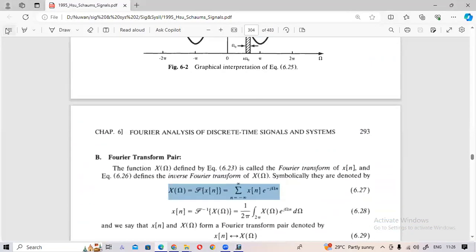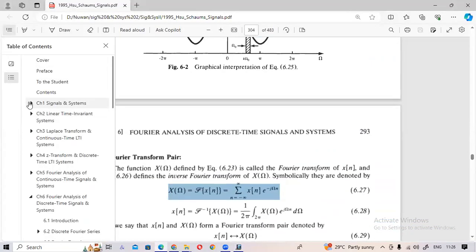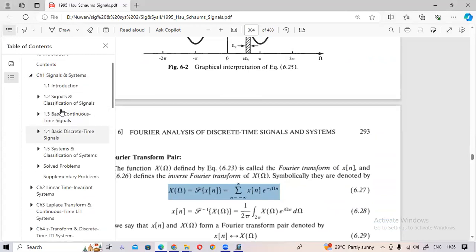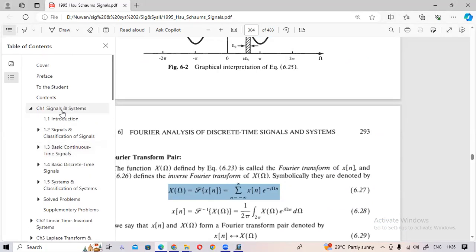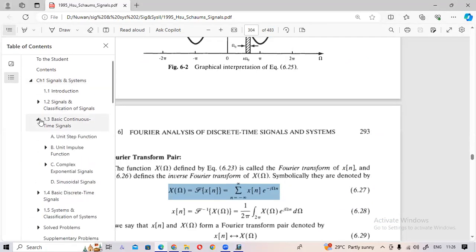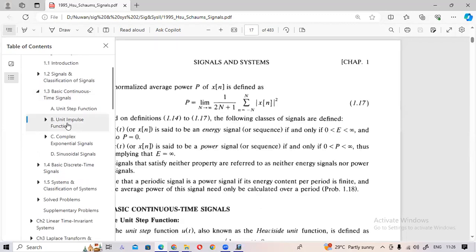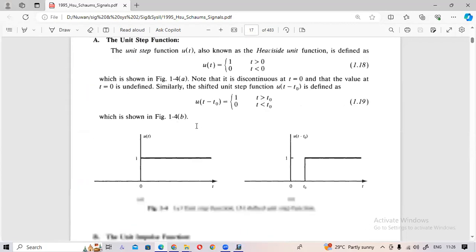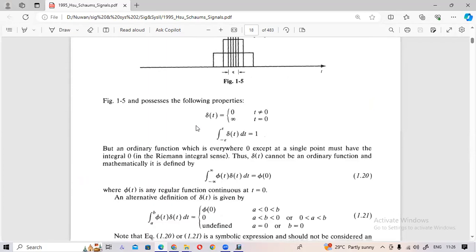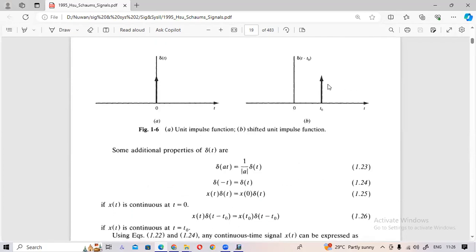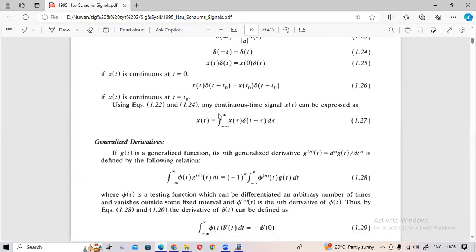Here also that information is there for signals and systems. So these are the unit impulse signal and unit step signal. These are basic signals. So this is the basic signal, unit impulse signal. You can see that there is an arrow, and here you normally put 1.